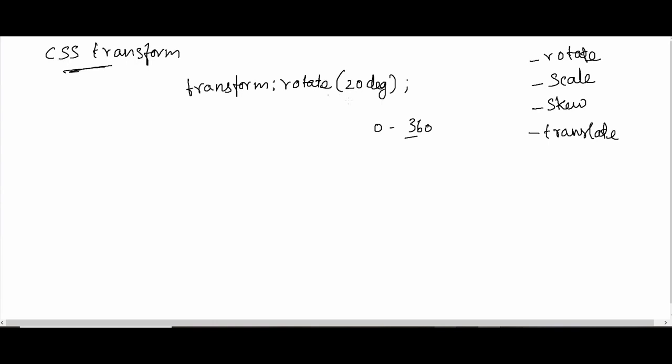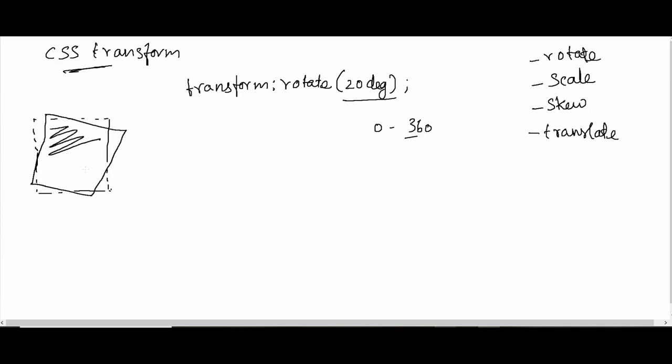According to the value given inside this, the content or the image will be rotated. For example, just consider this is our original image or content or div, paragraph, anything. When I give 20 degree, this thing will rotate by 20 degree like this.